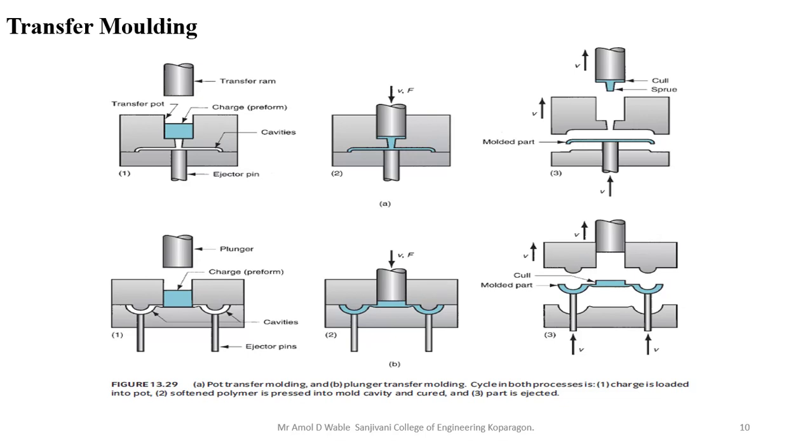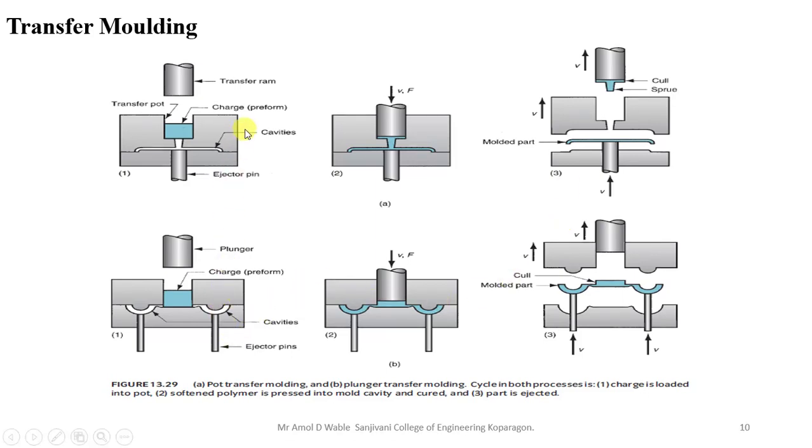This process is used for producing complicated components having very small wall thickness with high accuracy and at economical rates. Transfer molding is closely related to compression molding because it is utilized on the same types of polymers.